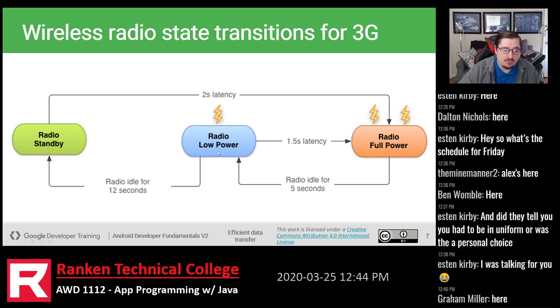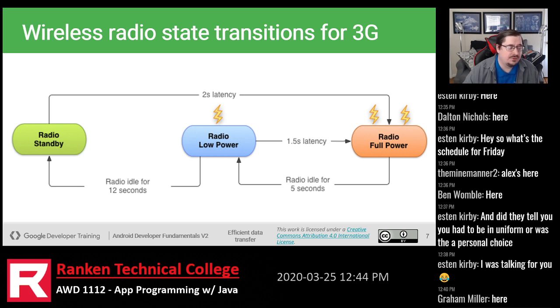And then from the low power state, it takes about 12 seconds to go down to standby. So anytime you use the radio, it's going to still be active for at least the next 17 seconds after you finish. So that's the thing to keep in mind. Even though you've finished using the radio doesn't mean it immediately turns off.